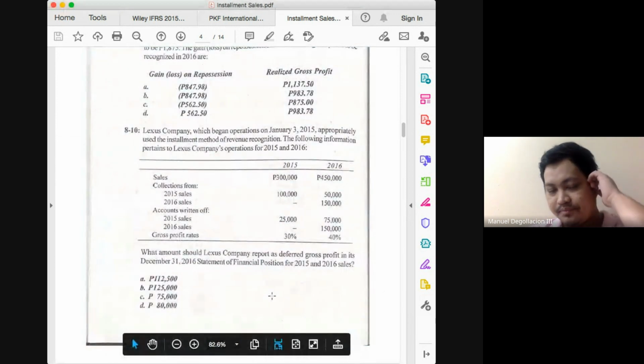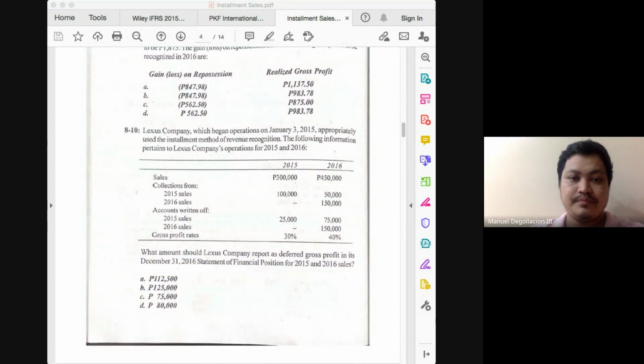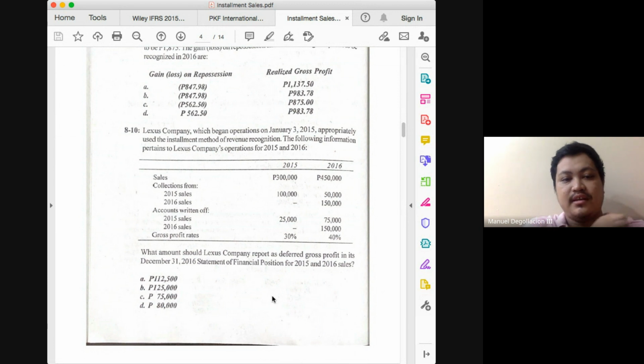8-10. What amount should Lexus Company report as DGP in its December 31, 2016 statement for 2015 and 2016 sales? So we'll focus on the 2016 statement.